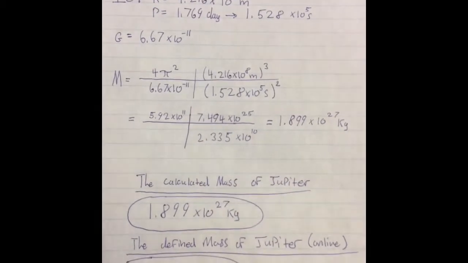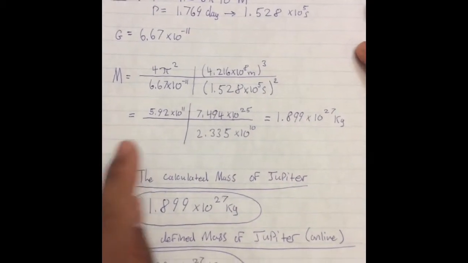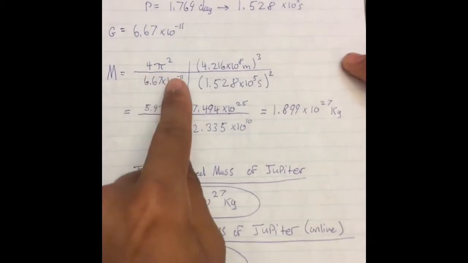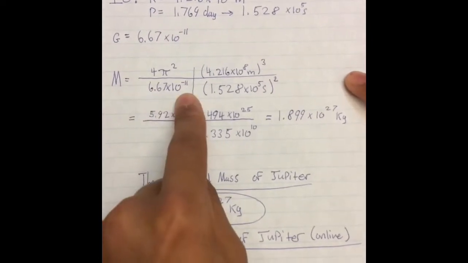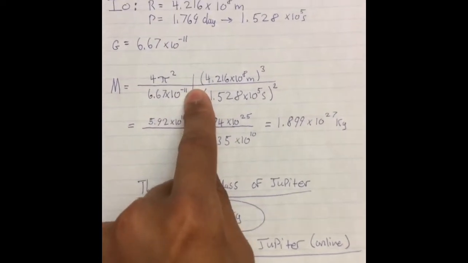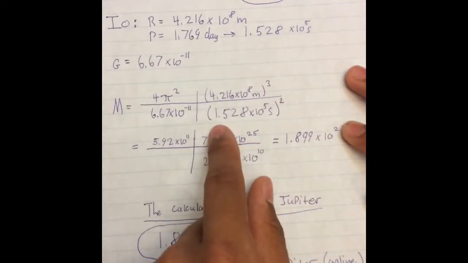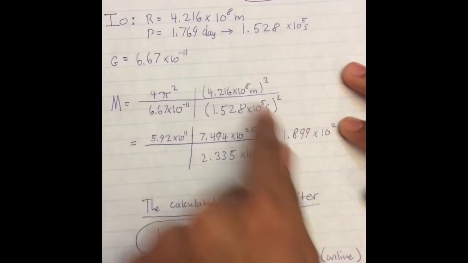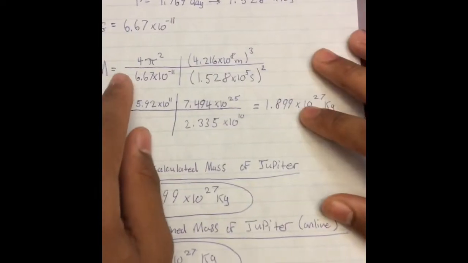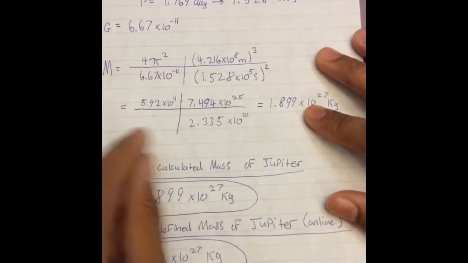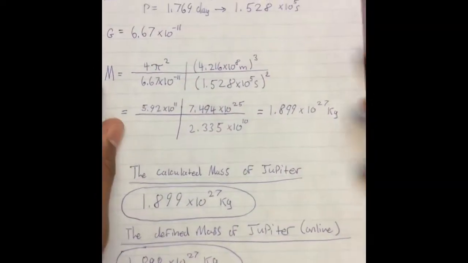The equation is as follows. The mass of Jupiter is equal to 4 pi squared over the gravitational constant times Io's orbital radius cubed over Io's orbital period in seconds squared. It then becomes simplified without showing you the complicated math.